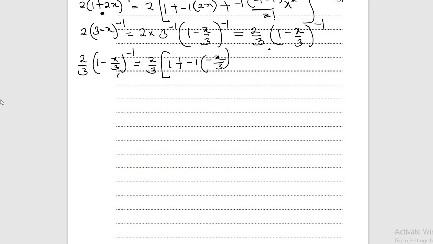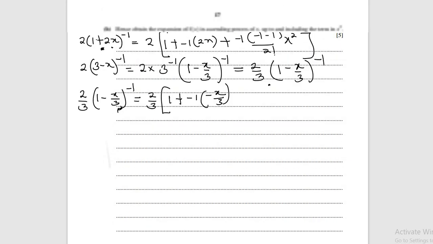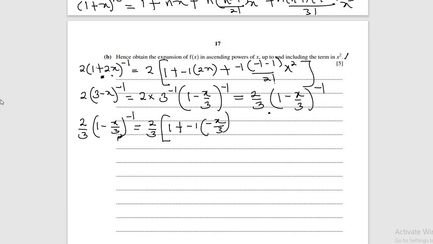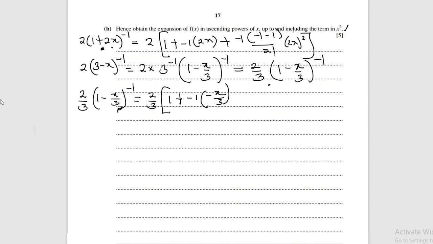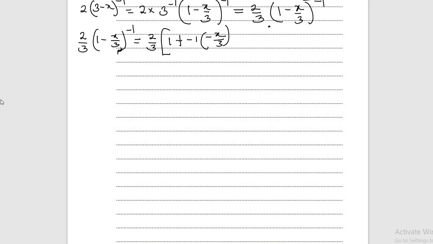Before, the x position took 2x; I didn't put it there. x here is 2x, and x here is 2x all squared. So 1 plus nx plus n(n minus 1) over 2 factorial x squared, where x here is minus x over 3 all squared. That's for this.